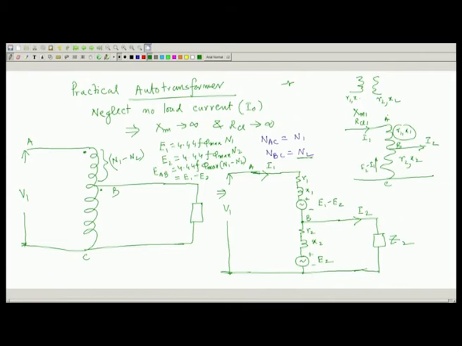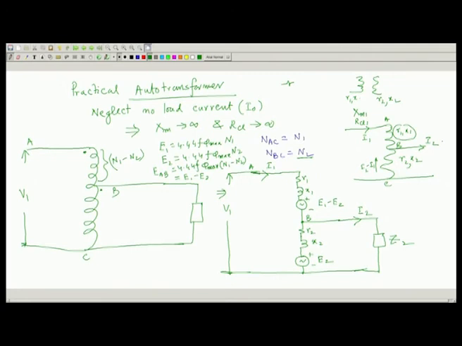It does not debar me or confuse me that R 1 X 1 is there. Can I write this? Yes, KCL I have simply applied.